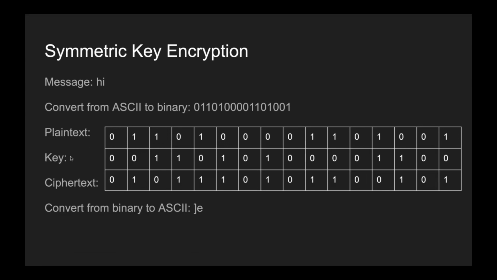But more or less, you just mash the plain text and the key together, and you get the ciphertext. And then to get back from the ciphertext, you just mash the ciphertext with the key again, and you get back to the plain text. So here, when we take hi and we mash it with this key, we get a closed bracket and the letter E, which doesn't look anything like the hi that we originally sent. And then decryption works the same way backwards.